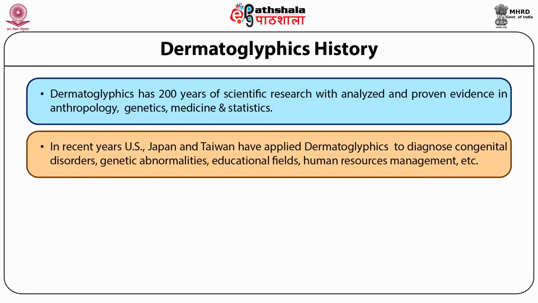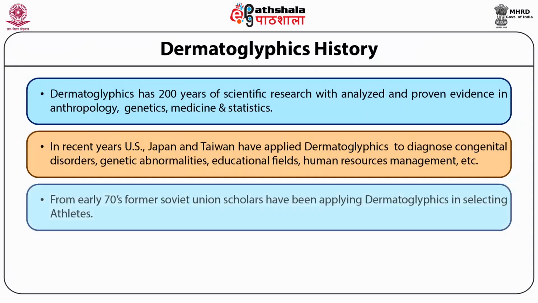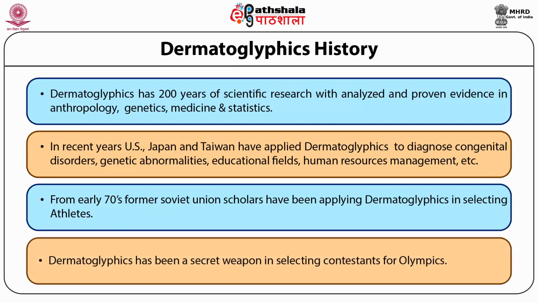In recent years, the US, Japan, and Taiwan have applied dermatoglyphics to diagnose congenital disorders, genetic abnormalities, and in education fields, human resource management, etc. From the early 70s, former Soviet Union scholars have been applying dermatoglyphics in selecting athletes. Dermatoglyphics has been a secret weapon in selecting contestants for the Olympics.